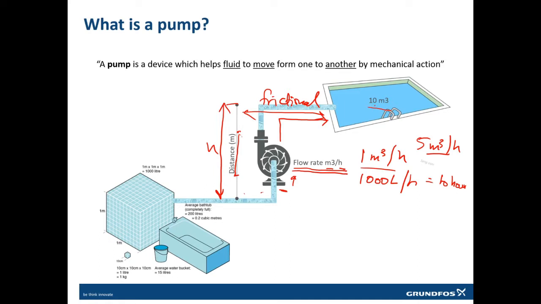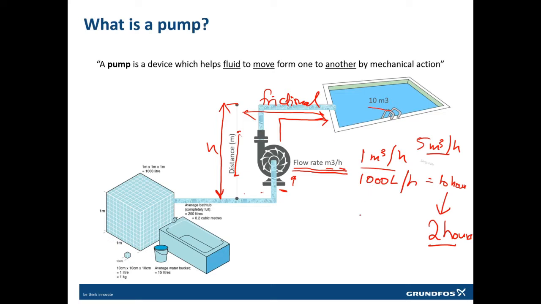Now if I take a pump of 5 meter cube per hour, earlier it was taking 10 hours, now it will just take 2 hours to fill the complete tank. This is very good, very nice. I can fill the swimming pool in less than 2 hours.